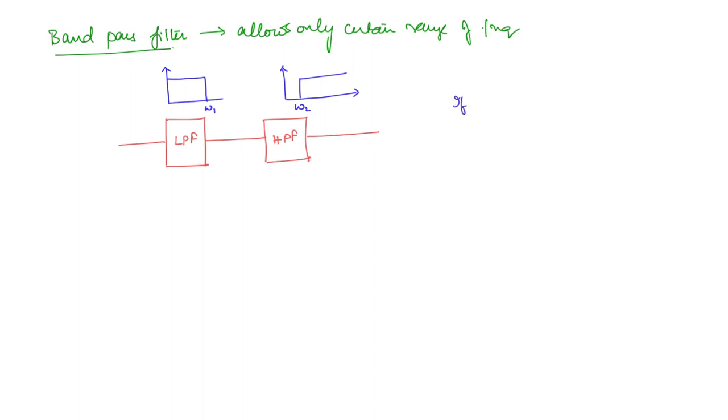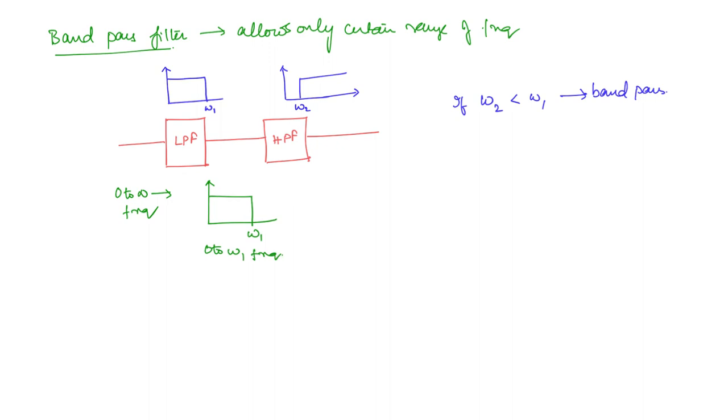Now if omega 2 is less than omega 1, then you will get a band pass filter. So you can see here all of the frequencies 0 to infinity are passed to the low pass filter. Then what will you get in the output? You are going to get only from 0 to omega 1. 0 to omega 1 frequencies are only in the output.